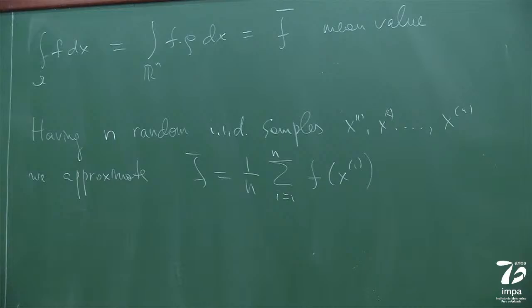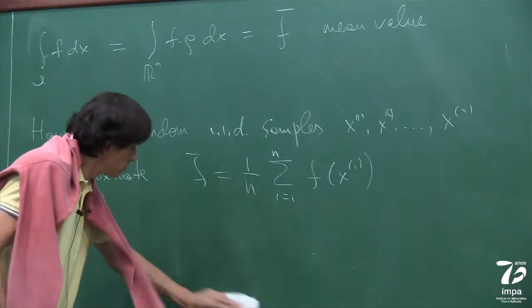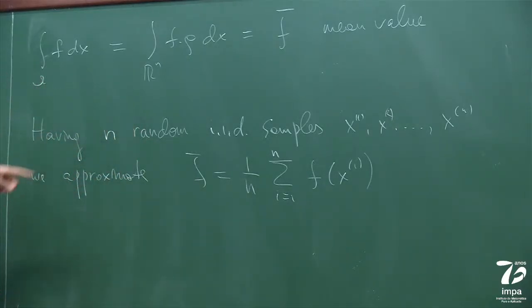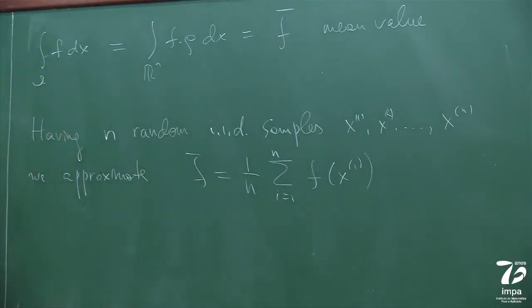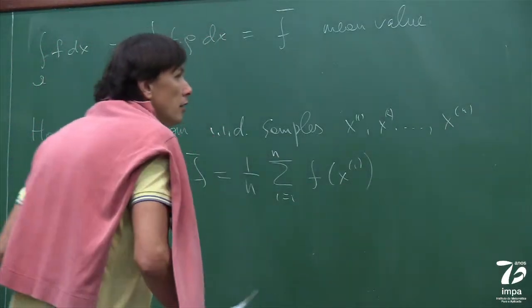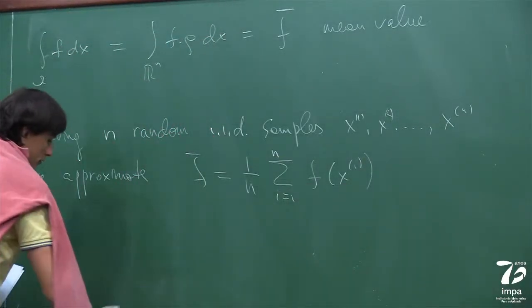So this follows, and we will see how exactly it follows. Of course, the bigger n you take, the better you approximate. The idea is close to the previous multidimensional method.